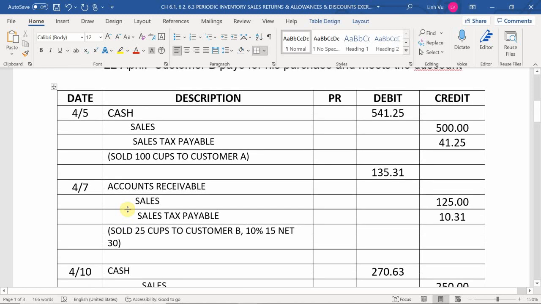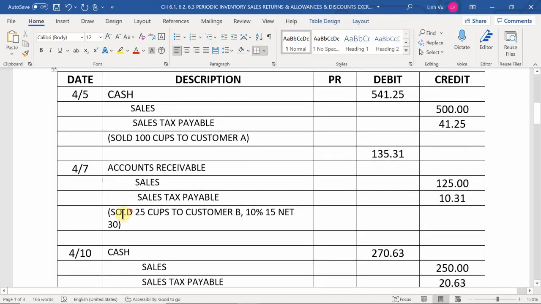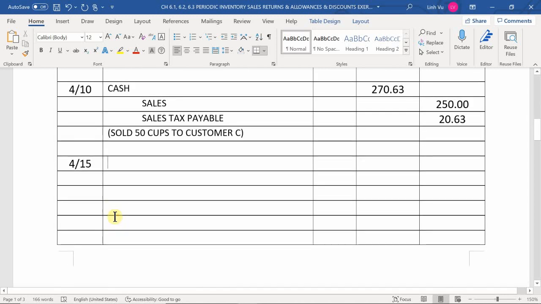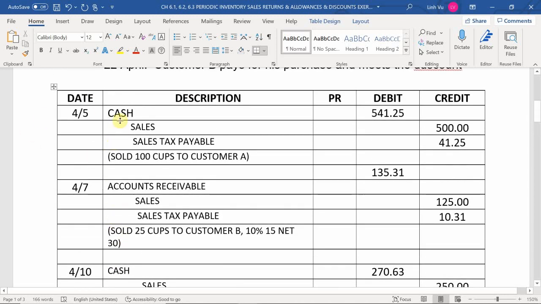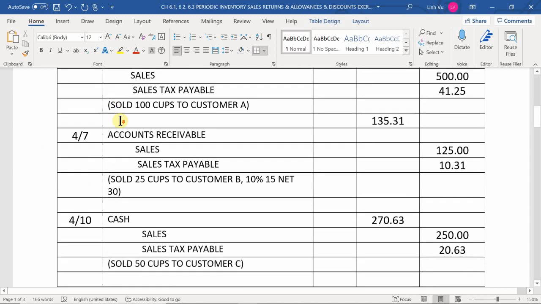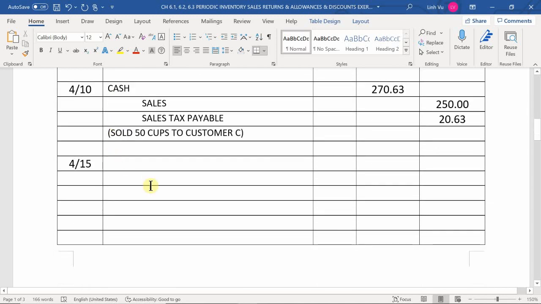If we originally sold 100 cups to customer A and now they're returning 10 of them, we already journalized the sale on the 5th of April. So now we have the sales return.